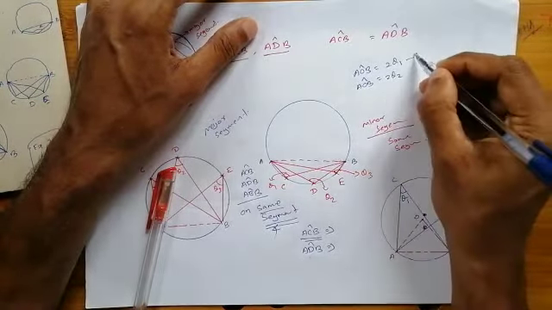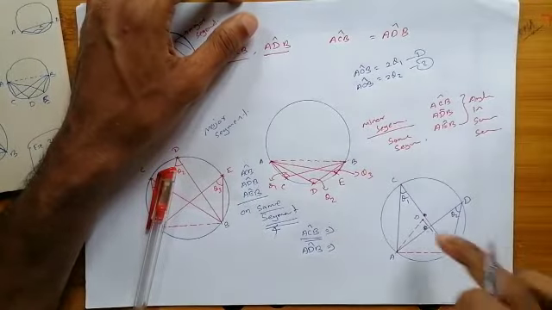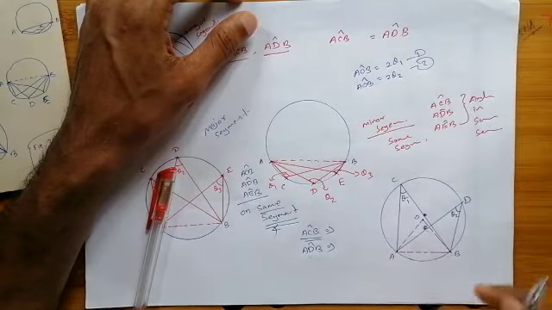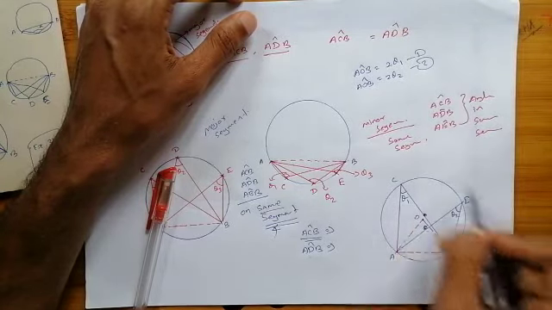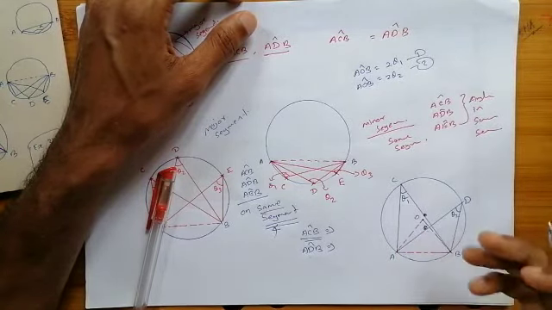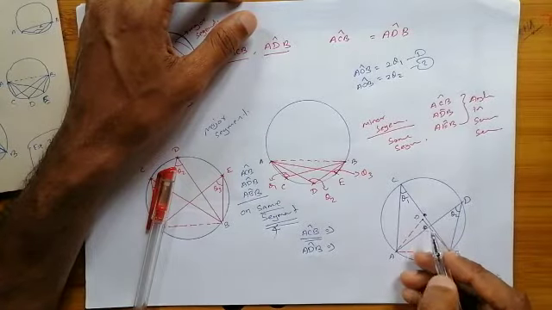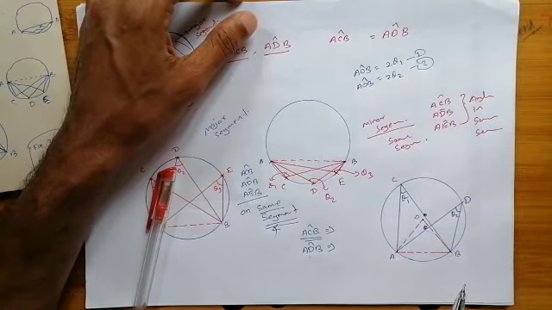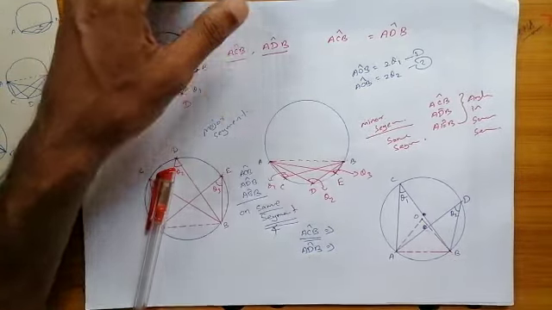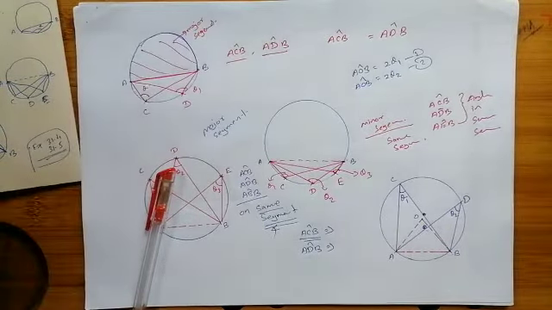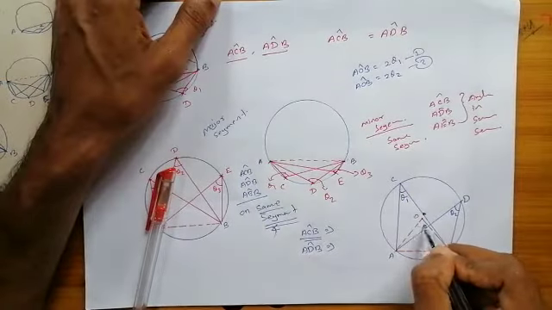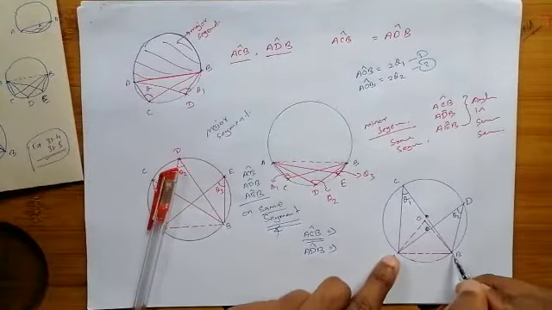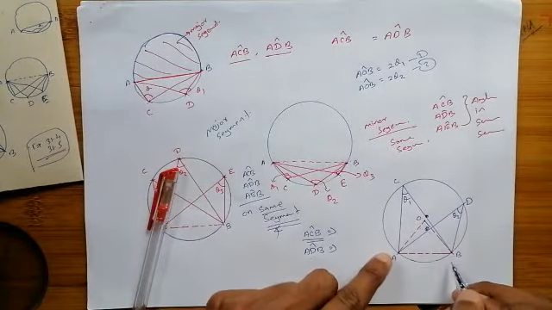So if you consider the first and second, the arc is the same, the same arc creating the angle. C and D are on the same segment. The center angle created by the same arc AB does not change in magnitude, because it is created by arc AB.